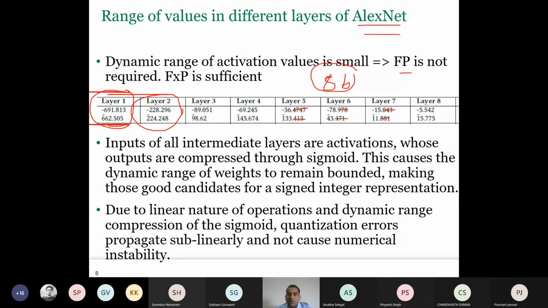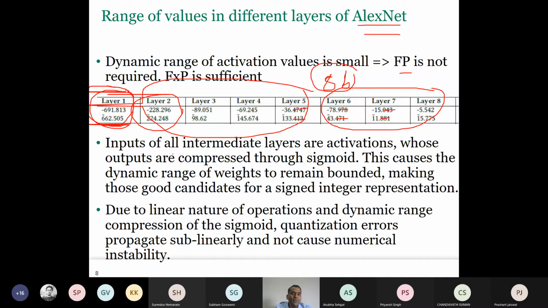So we can represent these layers using 8-bit fixed point, and for these we can use 9 bits, and for this maybe 11-bit fixed point. So we don't need floating point, meaning we don't have to use either 16-bit or 32-bit floating point. We can just work with fixed point.